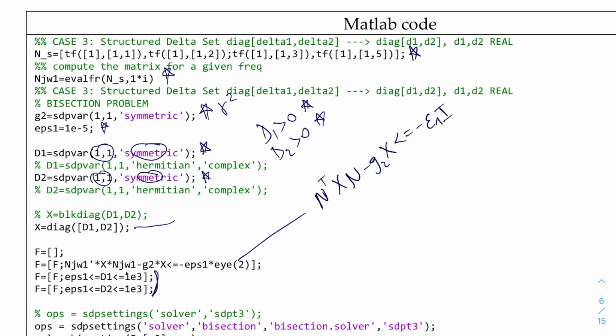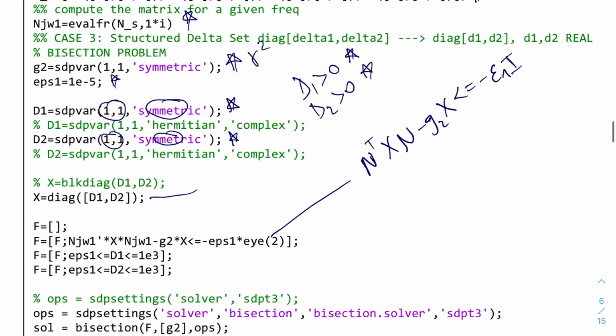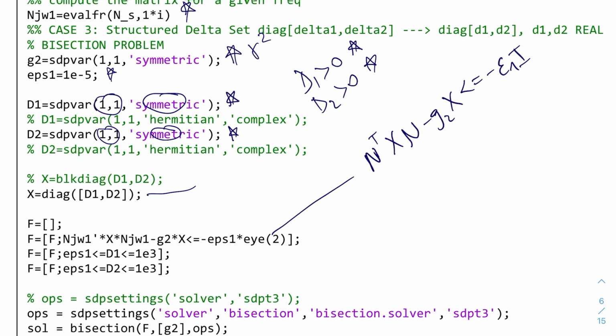Here we didn't need to impose those constraints, to make d1 and d2 less than 1000, but it came as intuitive to me.